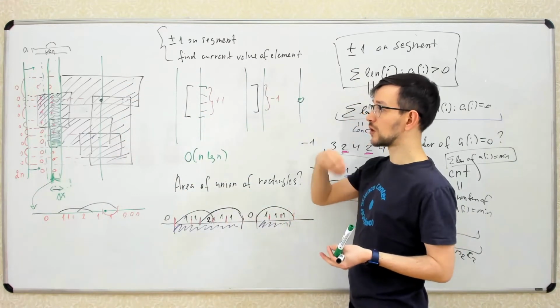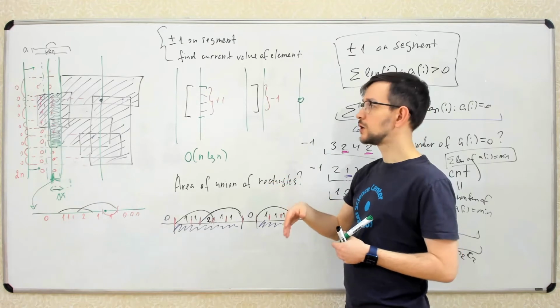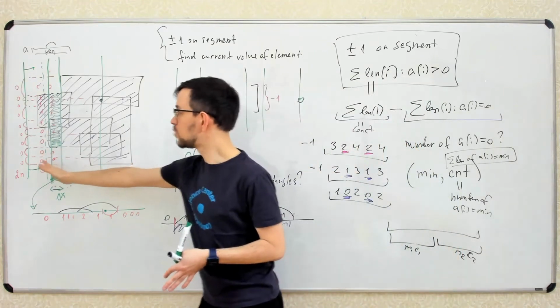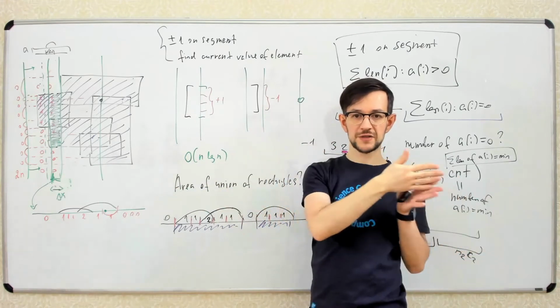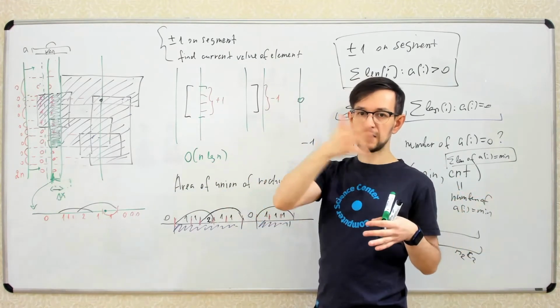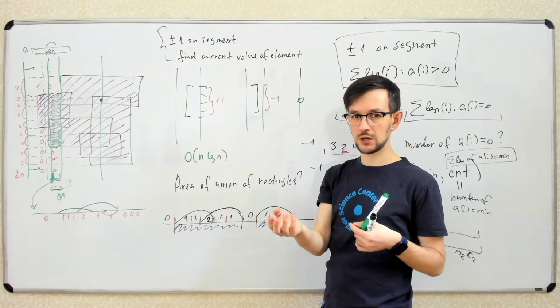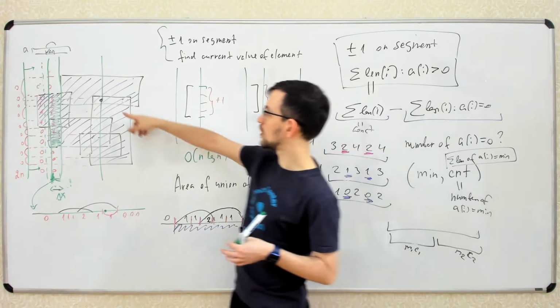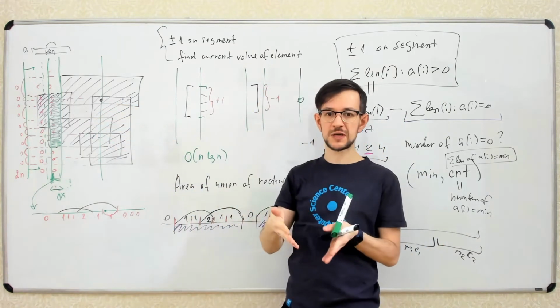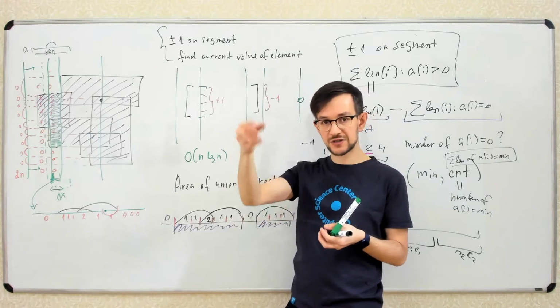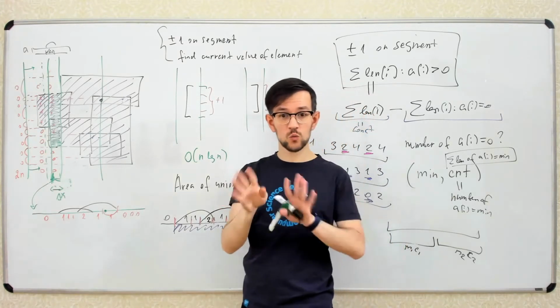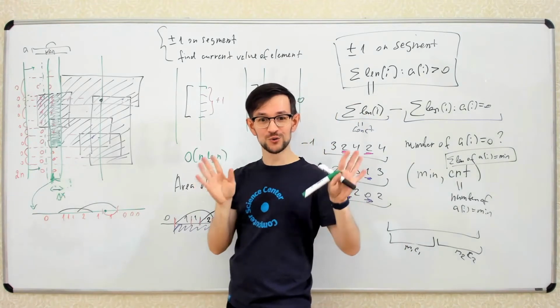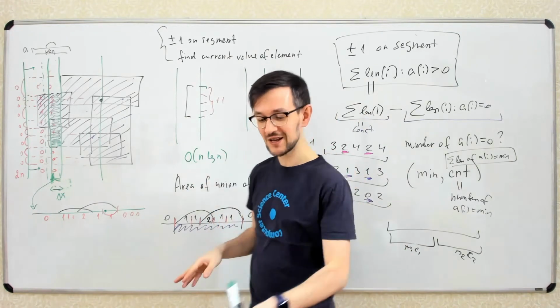So if you want to answer queries online, you just make a sweep line before, like in pre-calculation, remember all the states of the sweep line in a persistent segment tree, and then when you need to answer the query, you find the corresponding state and get the result from it. That's basically when you may want to use some persistent data structures.